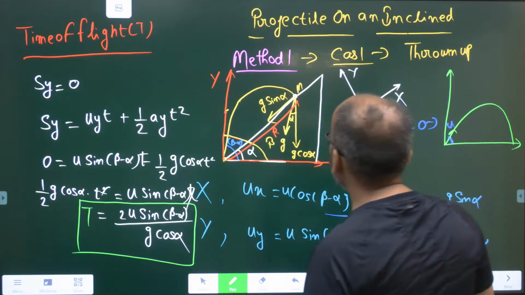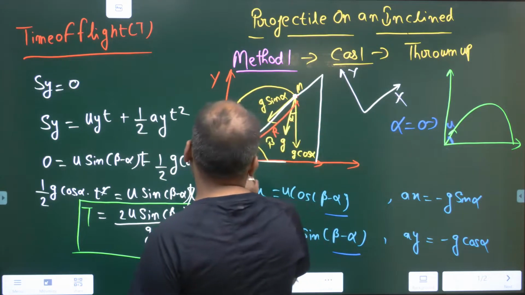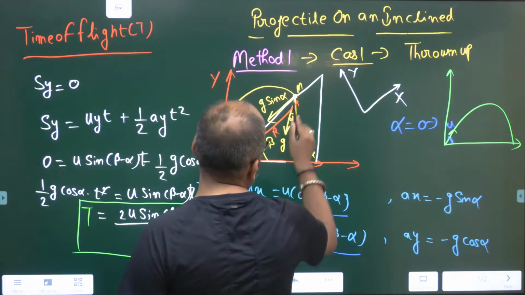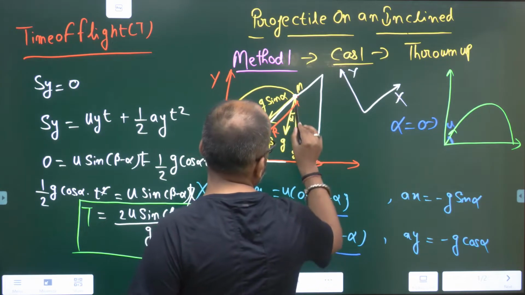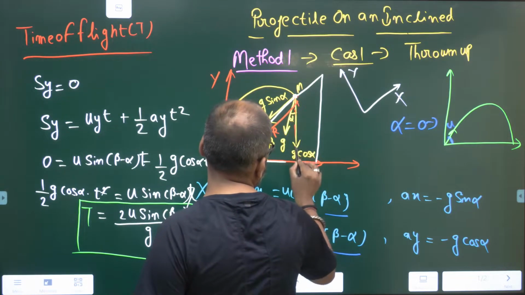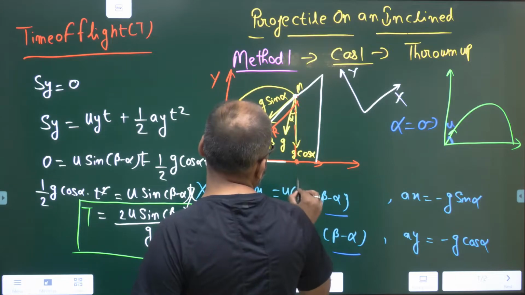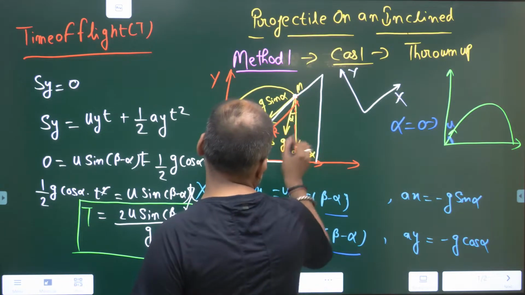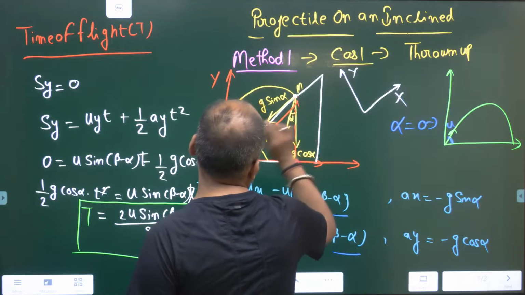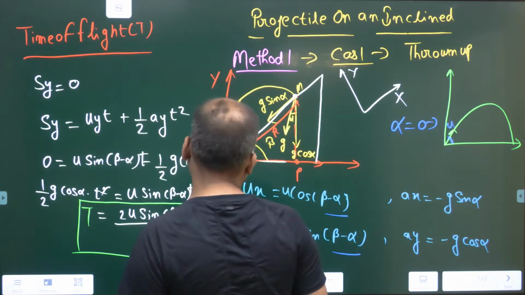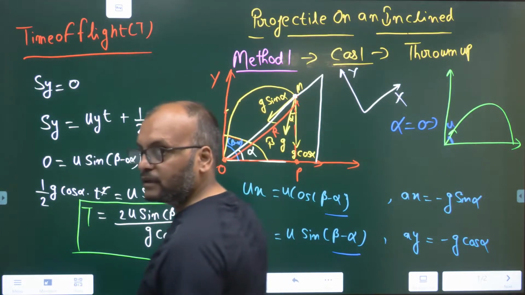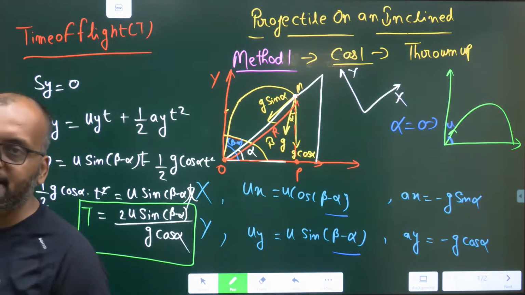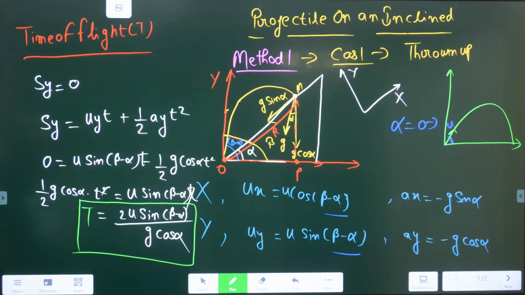Okay, let me name this triangle. Let me call this O M P. So OPM is the triangle I am looking for. Please see.